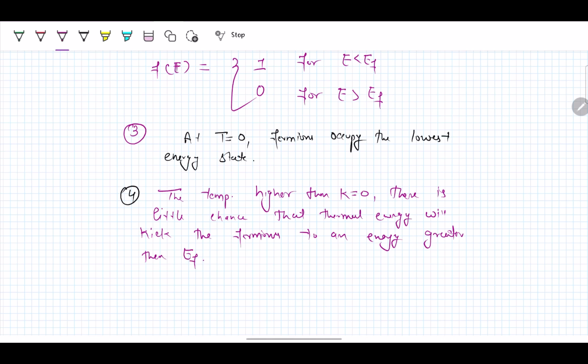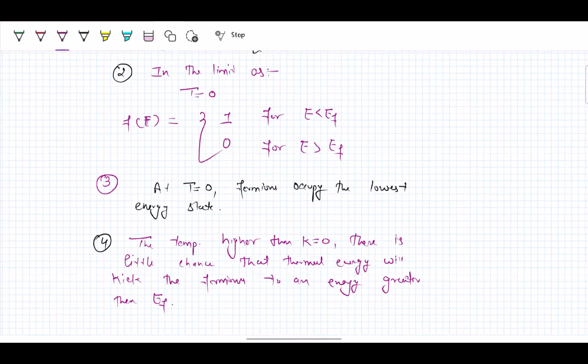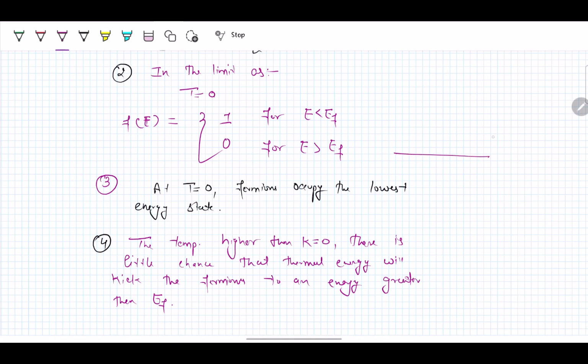So in that case electrons will move to the conduction band, because we have a valence band, then the position of the Fermi level, and then there is a conduction band. Generally we can denote this as the valence band and the conduction band CB, and somewhere in between there is EF, the Fermi energy.